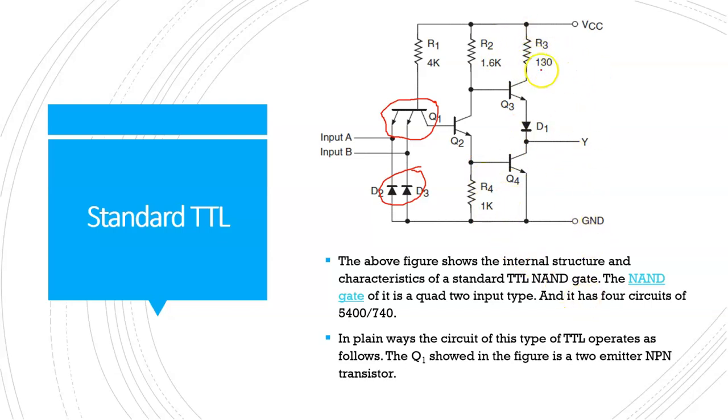Here these two will be acting as resistances. When the transistor is changing from 0 to 1, there would be a very low resistance.